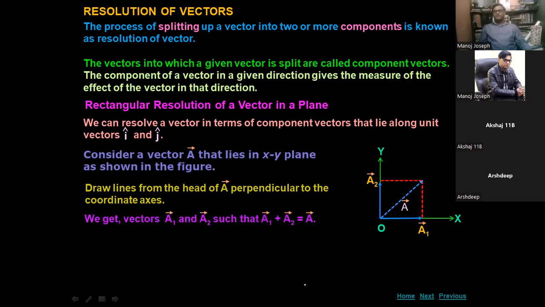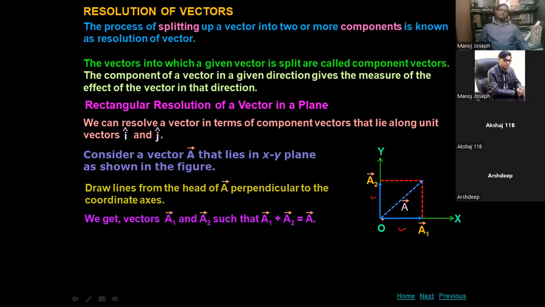So how to represent this? We get vector A1 and vector A2, such that the sum of vector A1 and A2 is the vector A itself. These two sides are joined in tail-to-tail relation.